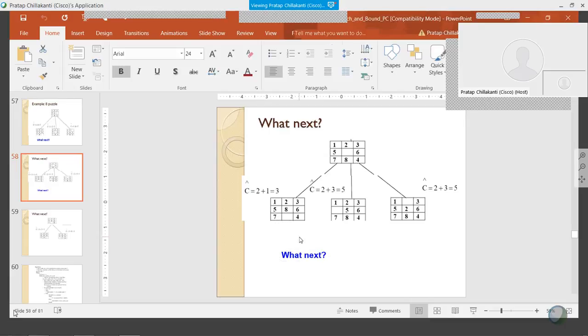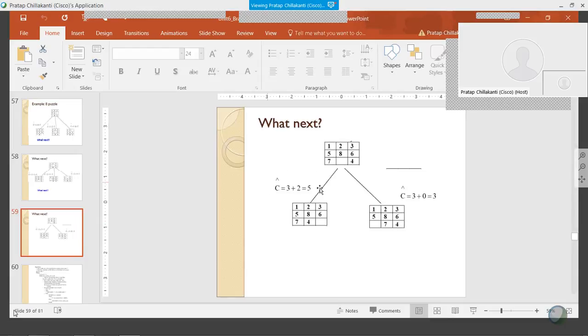Now what do you do on the left side once you have that? There are 2 paths. Correct? You can either move 4 to the branch here or move 7 to the empty slot. Which of them has the lowest cost? The one on the right. Correct?